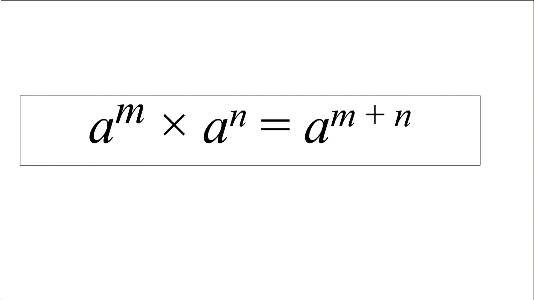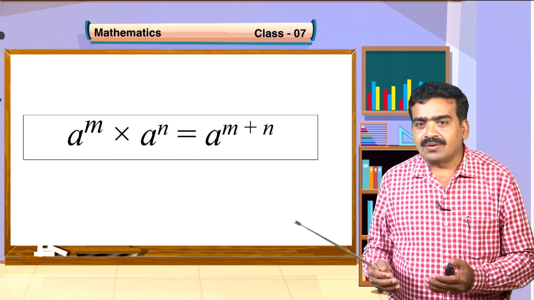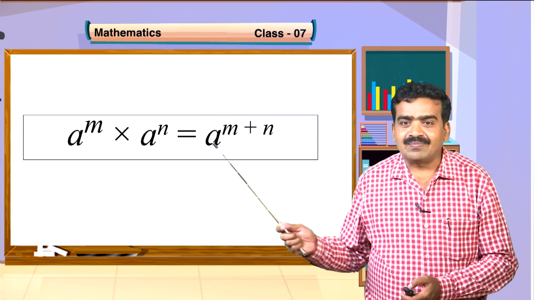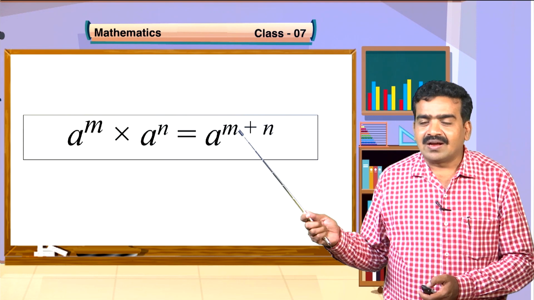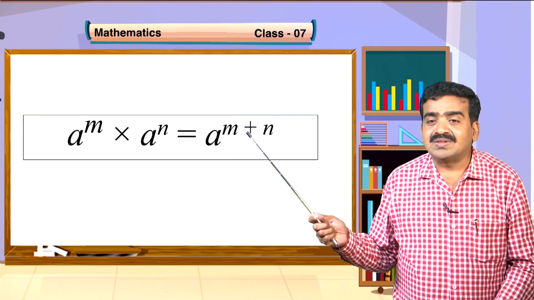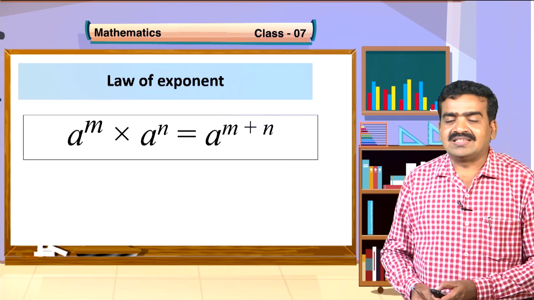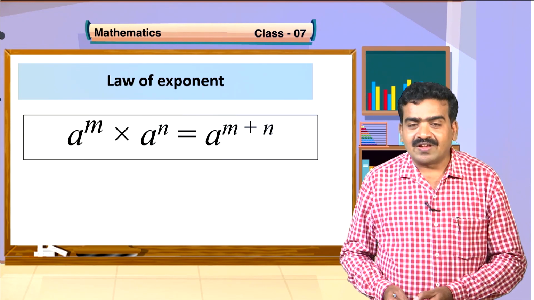So, we have to express with the same base, but we have to add the exponents. If two exponents have the same base with different powers, the product is the base to the power of the sum of the exponents, that is m plus n. This is what we call the law of exponents.